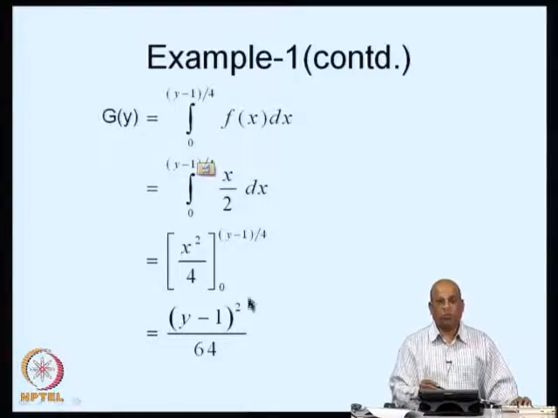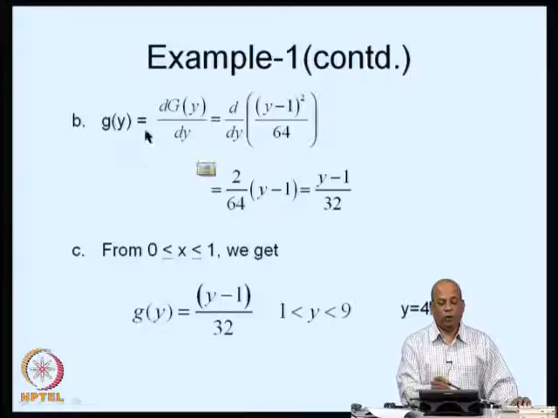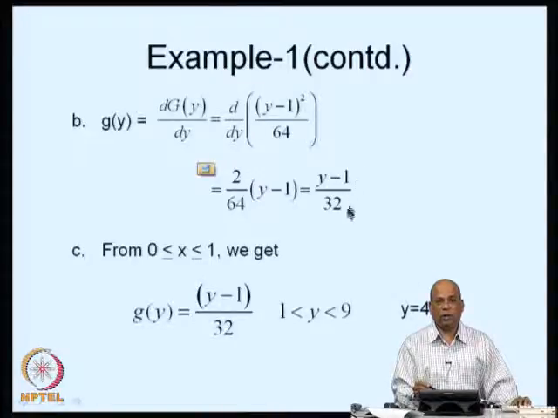We obtain the capital G of y by this procedure as y minus 1 the whole square divided by 64. Now, we differentiate this to obtain the small g of y, which is the marginal density of y. So, the marginal density of y is equal to the derivative of the CDF with respect to y, and that we obtain as y minus 1 divided by 32.